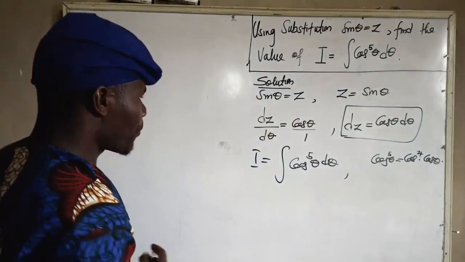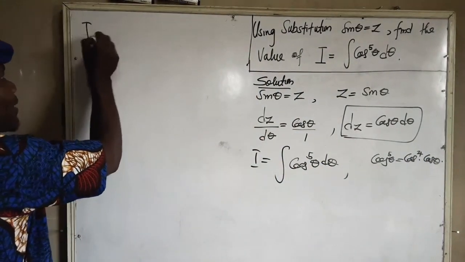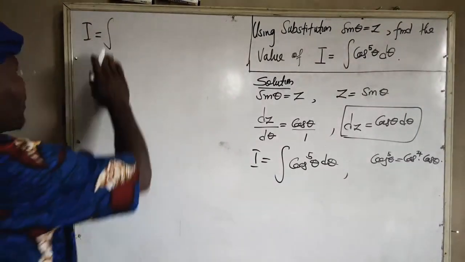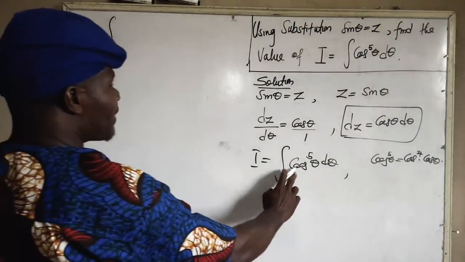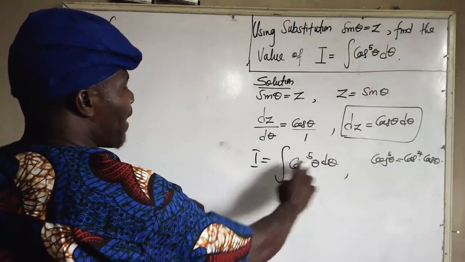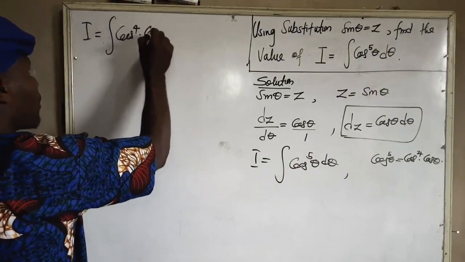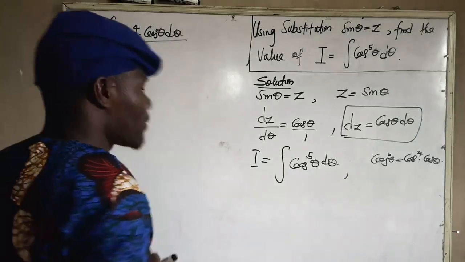So in writing this, our I can be written as the integral of cos raised to power 4 theta times cos theta d theta. Why do we try to do this?